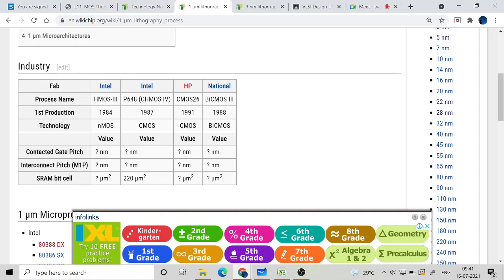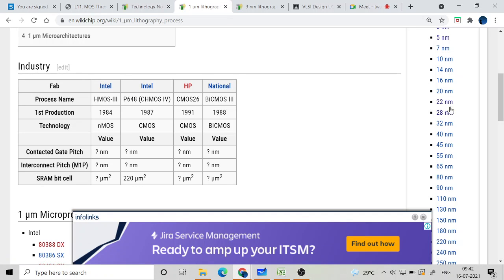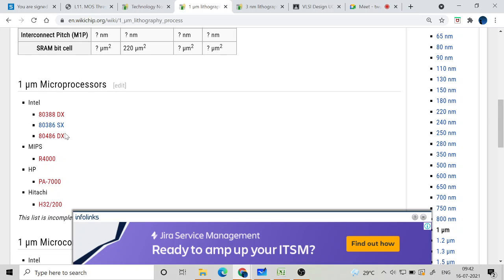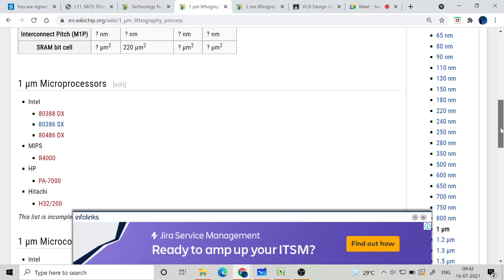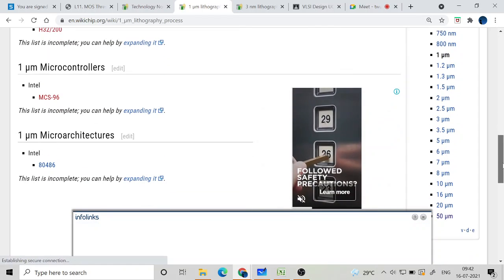BiCMOS referred to the bipolar junction transistor combined with CMOS. That's a technology we can look at also. And you can see 80386 processors, which after 8086 they have 80286, 386, 486, etc. And after that came the Pentium processors. These 386, 486 processors were made in 1 micrometer technology.